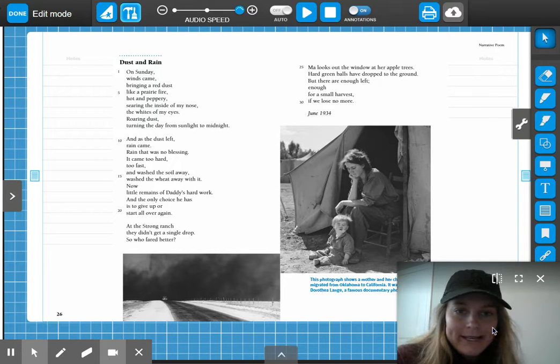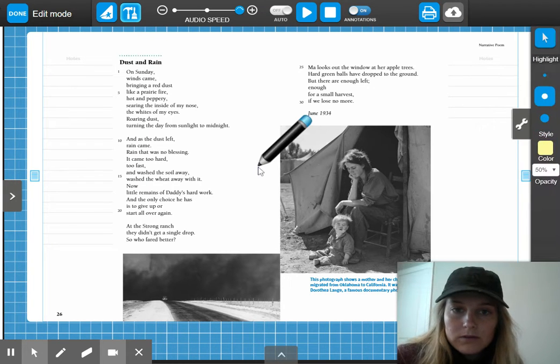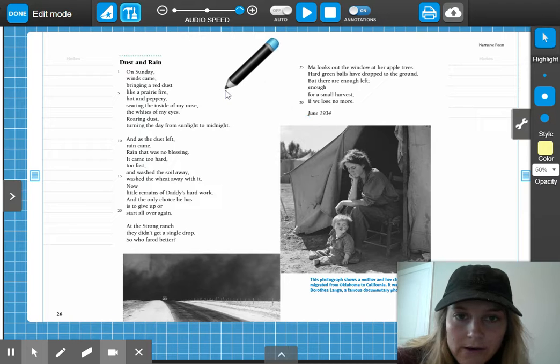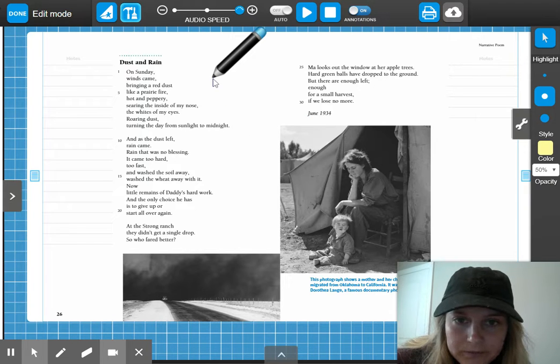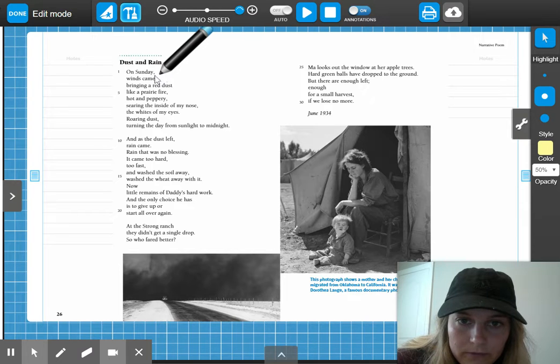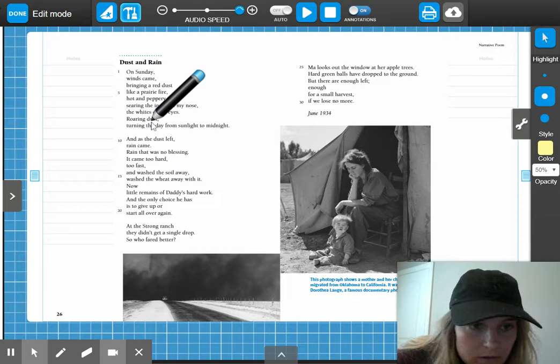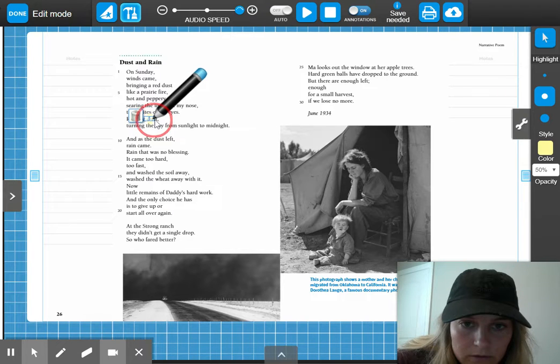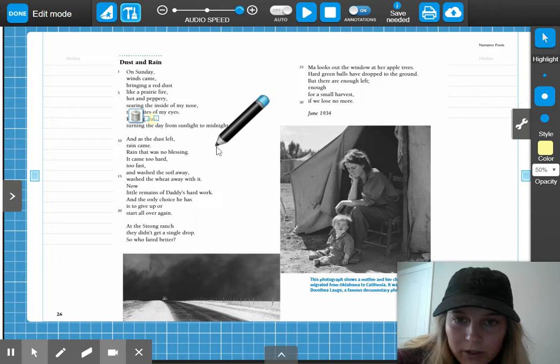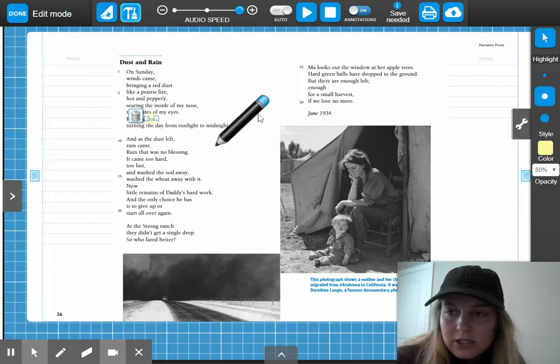So right here in stanza 1, we see that the dust storm was coming. So I'm going to say, dust was coming. That's all that I'm really going to give because the rest is just additional detail.